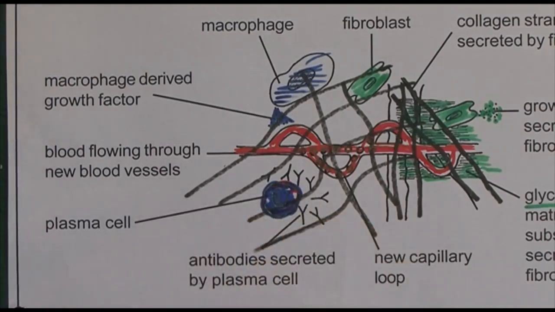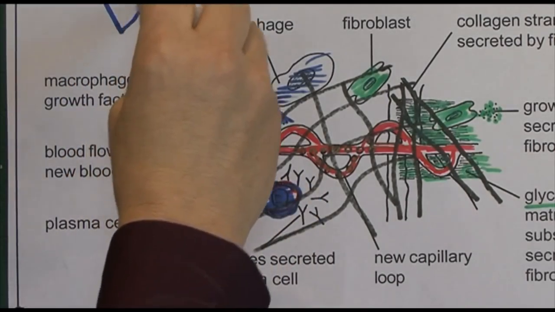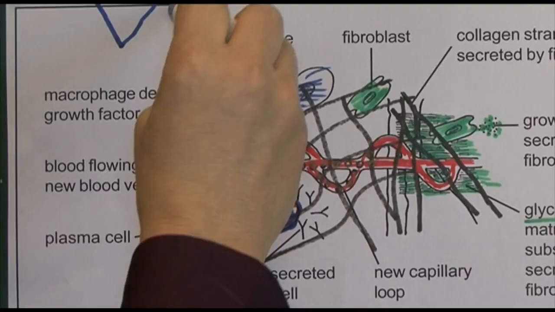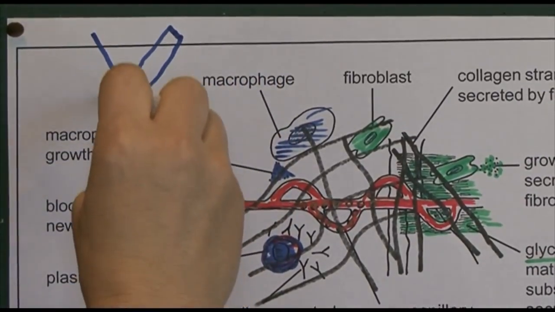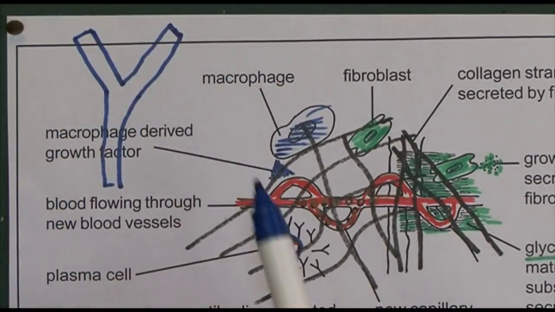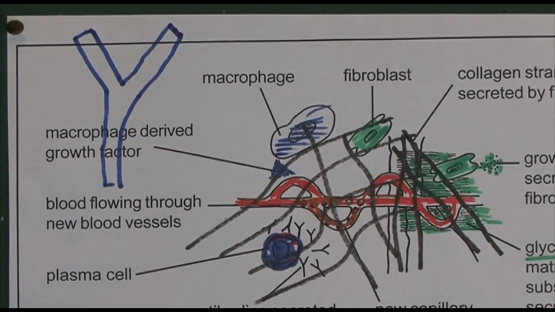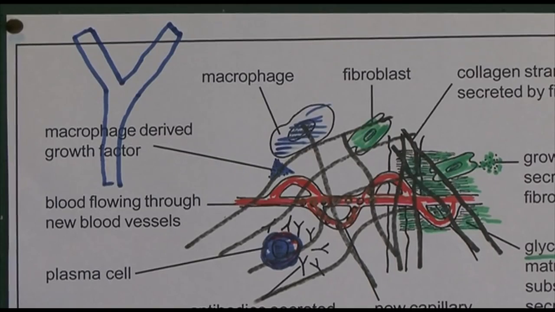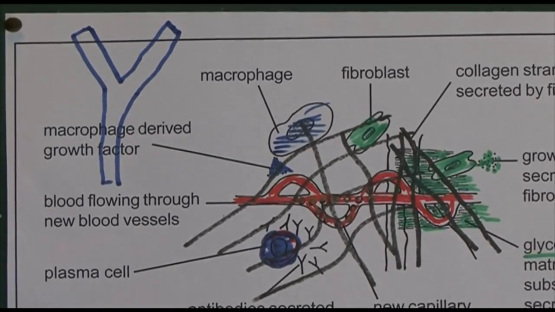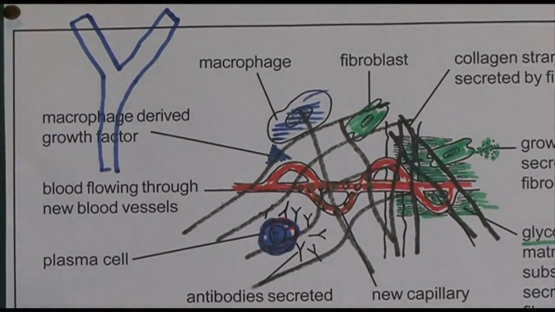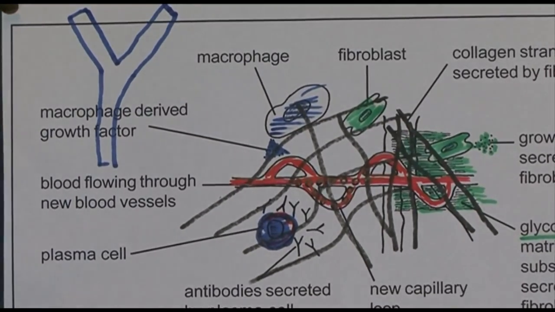So B lymphocytes differentiate into plasma cells, and we see that they're producing lots of Y-shaped antibodies that are going to agglutinate antigenic material, preventing infection. So these are the components of granulation tissue.